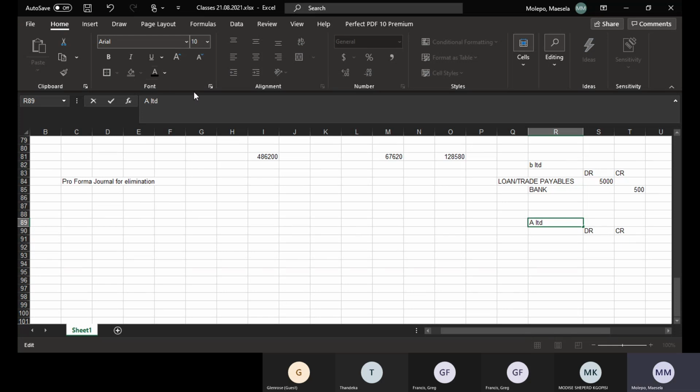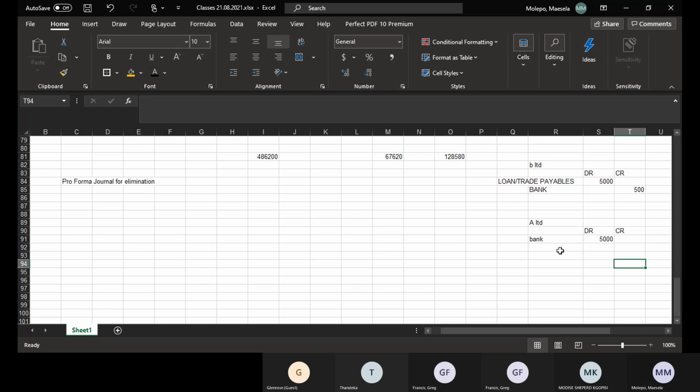So A Limited will be receiving a bank increase of 5,000. And then his receivable will be decreasing.